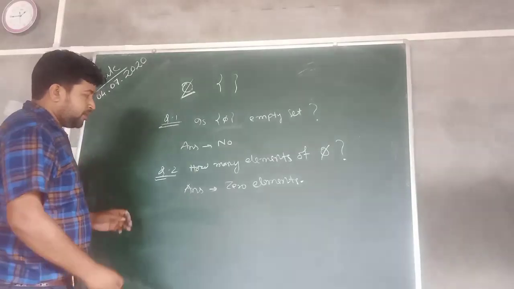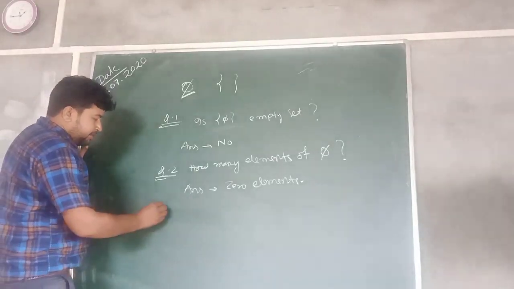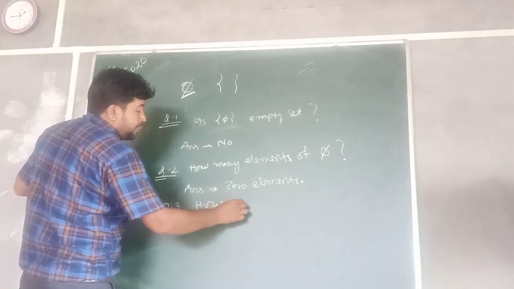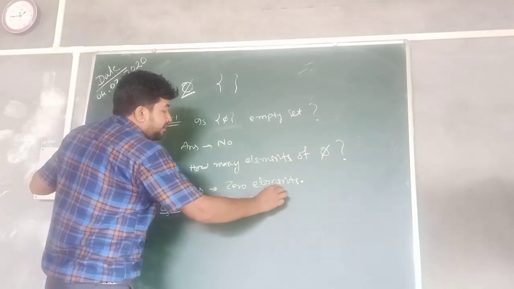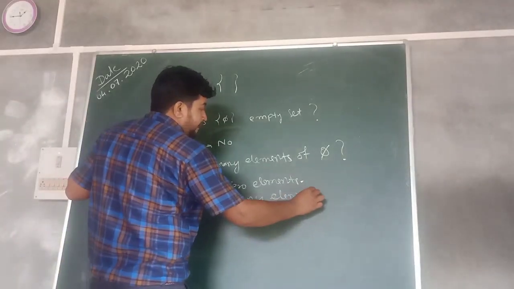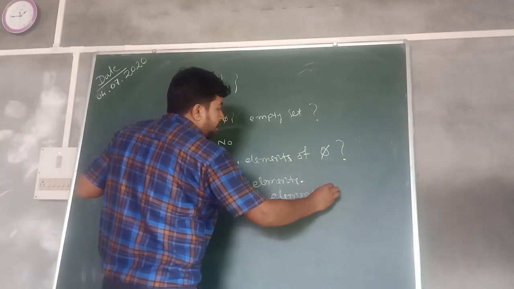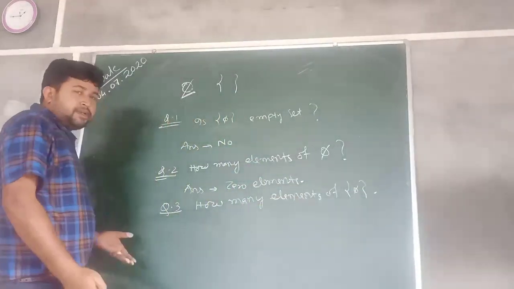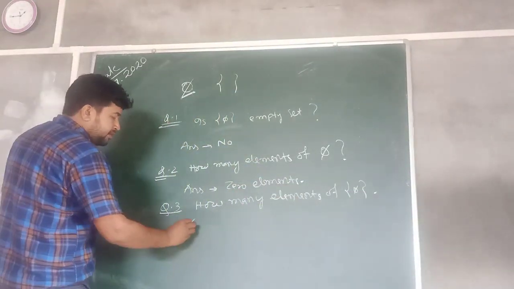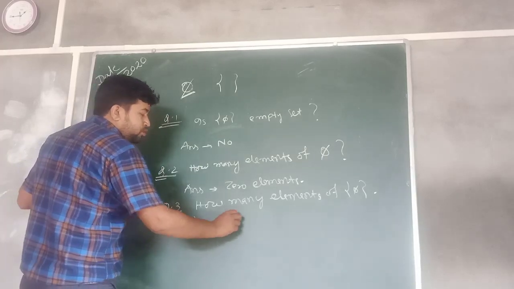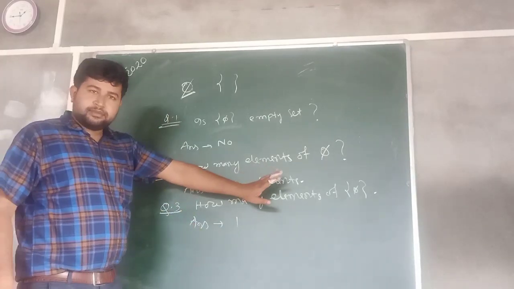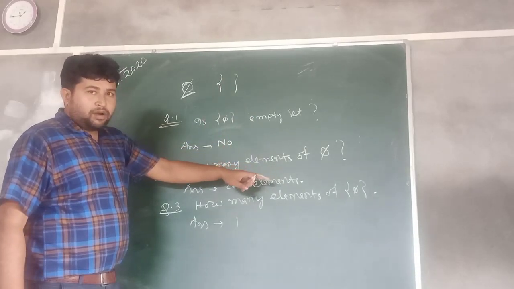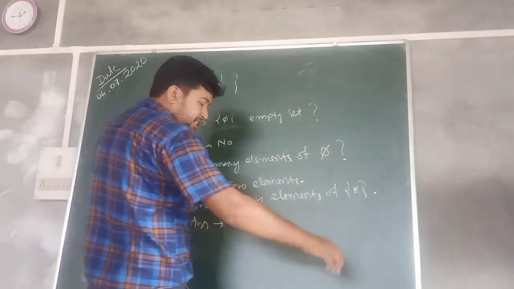No doubt. Another question, question number 3. How many elements of {φ}? Simple. There is one element. This is not an empty set. This is a set, and the number of elements of this set is 1.